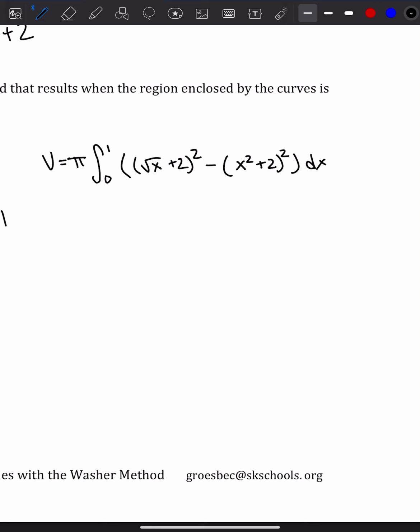Once again, if we have to do this by hand, we're going to multiply out those squares, subtract and simplify those two answers. We then integrate each term like we would normally, and then apply FTC number 1 to figure out our total answer with the bounds plugged in. If we use a calculator or do that, what we're going to get is pi times 49 over 30, giving us 49π/30.